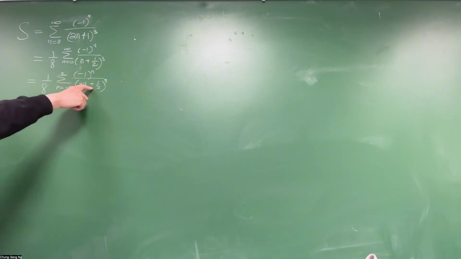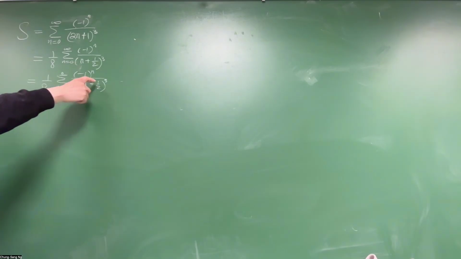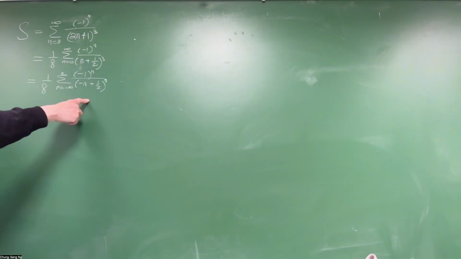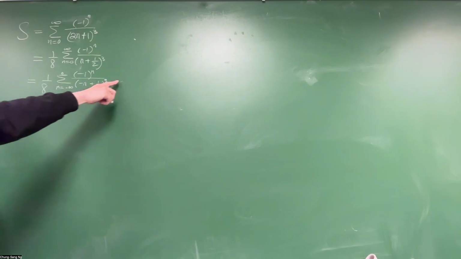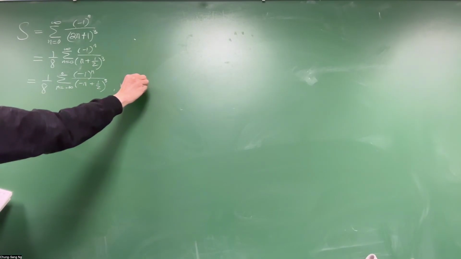And then this 2 is not quite right, right? And so you need to change n to n plus 1, so you get a minus sign. The minus sign plus 1/2 in minus 1/2, that becomes the same form. So basically, you want to change n to n plus 1.